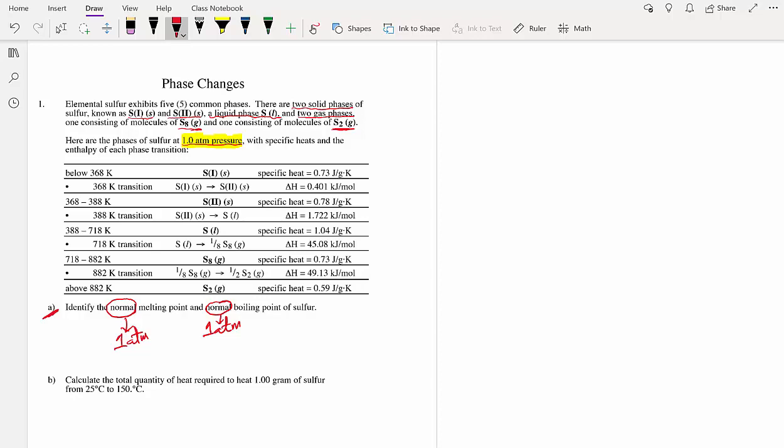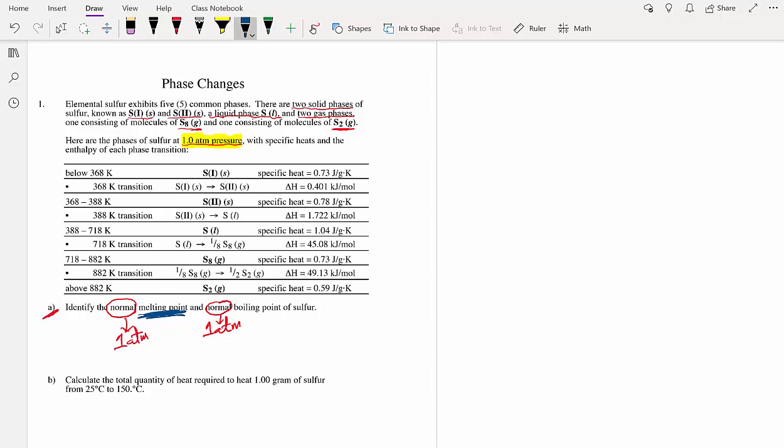If we want to find the melting point, we will need to look for the data for sulfur when it transitions from the solid phase to the liquid phase.